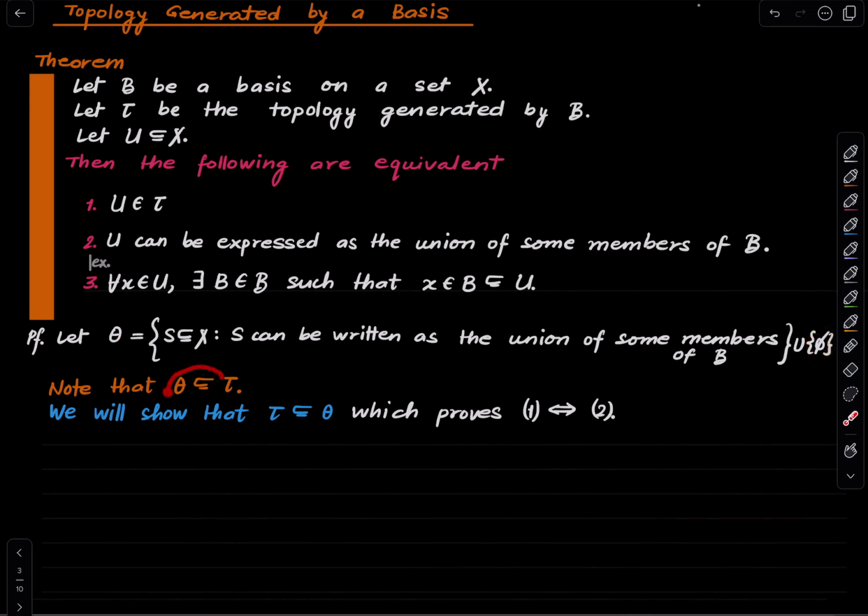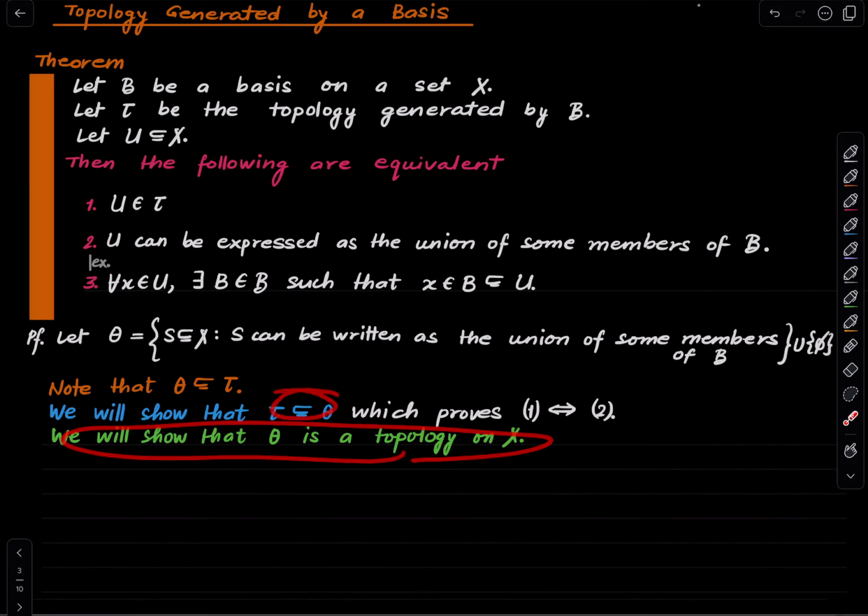So now we want to show the reverse containment. Okay, so this is what we want to do, but to do this we will do something a little different. We will show that theta is a topology on X. And once we do this, it will follow.